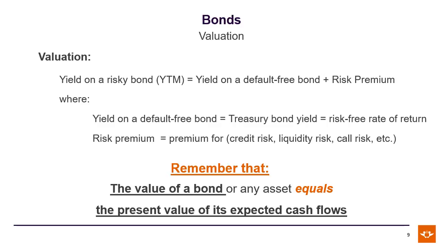Now, the yield on a default-free bond is the yield on a treasury bond, because that is the risk-free rate of return. And for the risk premium, we need to take into consideration factors such as credit risk, liquidity risk, call risk, and so on and so forth. And we need to remember, as mentioned previously, that the value of any asset equals the present value of its cash flows.